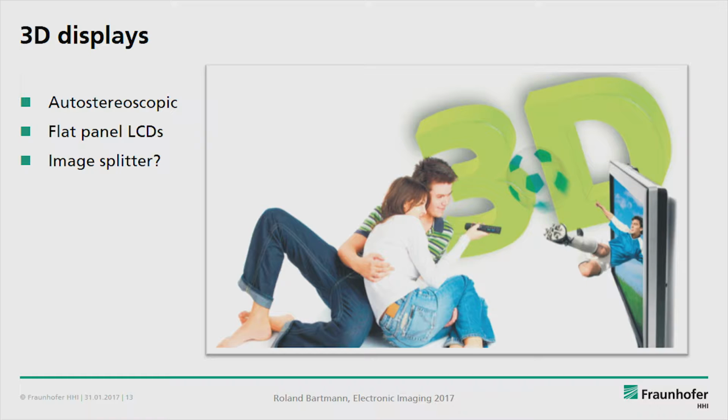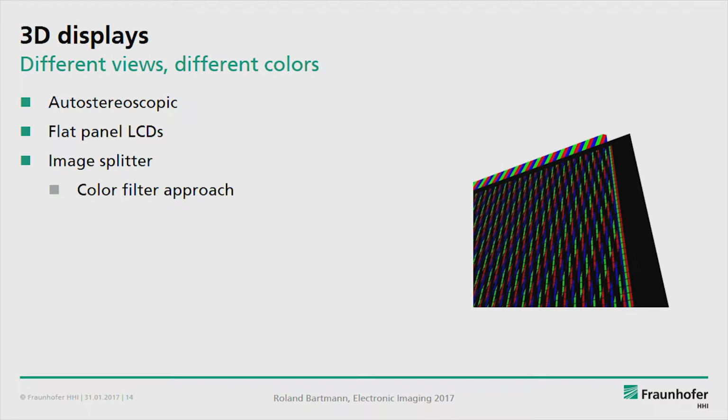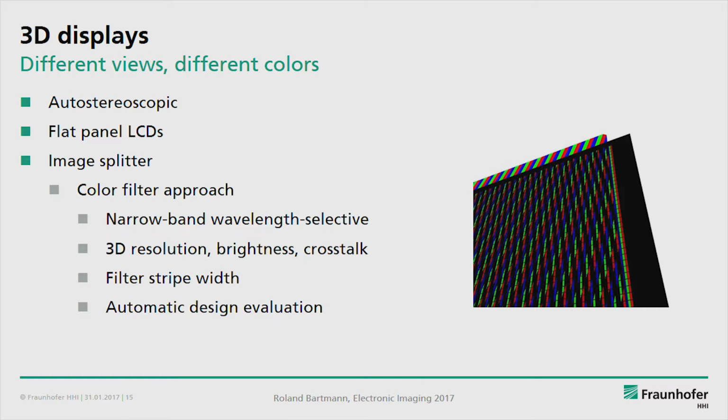You need some kind of optical separator or image splitter to get the different views for the observing people. And it's nice to have multi-view, of course, but that's another topic. So I would show you something regarding the color filter approach.